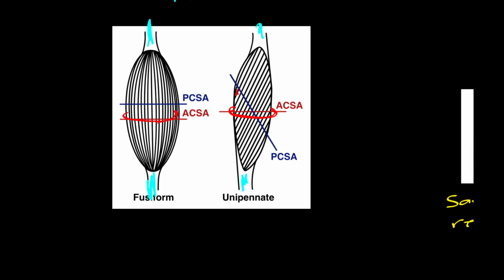However, because muscle fibers produce force in the direction of the fiber, what's relevant for force production is this cross-sectional area. Or you could think of it as the number of muscle fibers that are stacked up in parallel to each other. So notice how there's many more stacked up in parallel in this muscle than in this muscle.